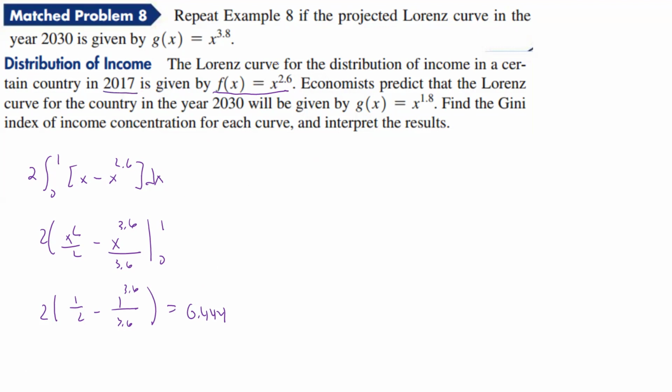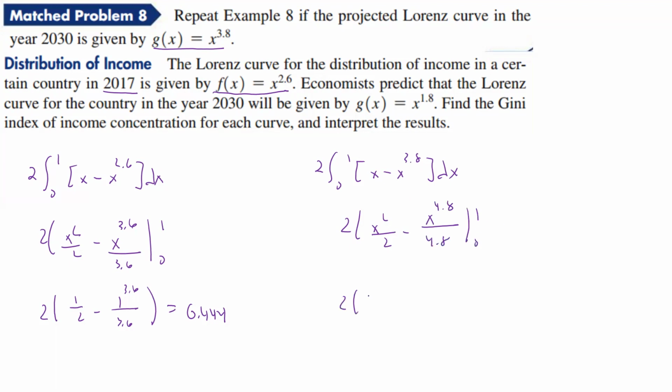Now we're going to do the distribution in 2030, and this is our new g of x. So we're going to go from 0 to 1 of x minus x to the 3.8 dx. No differences here. It's going to be x squared over 2 minus x to the now 4.8, now divided by 4.8, and we're going from 0 to 1.